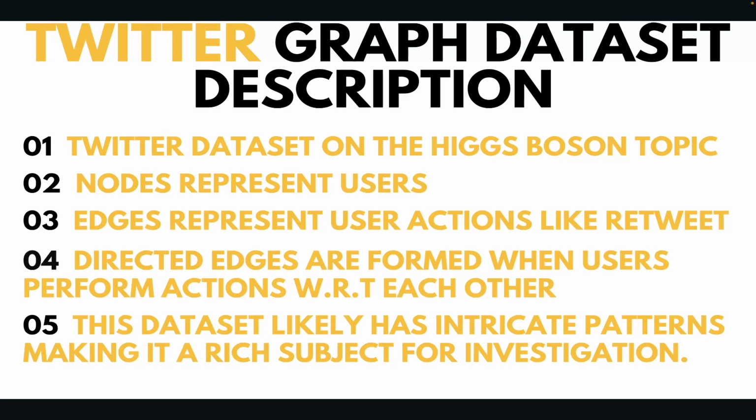Nodes represent users. Edges represent user actions like retweet. Directed edges are formed when users perform an action with respect to each other. This dataset likely has intricate patterns, making it a rich subject for investigation.